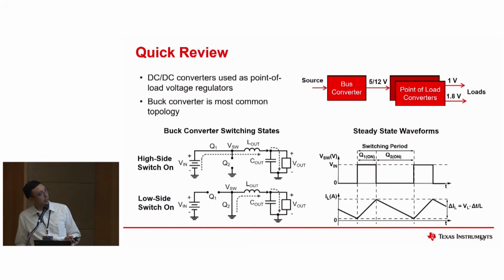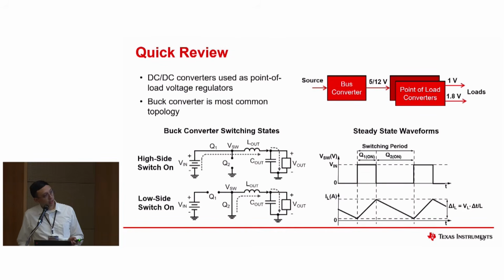Here in the bottom left, you can see the different switching states of a buck converter, and on the right, the steady state waveform. The first state is when you turn on the high side switch, Q1, and Q2 is turned off. The input voltage is connected directly to the switch node and the output inductor.